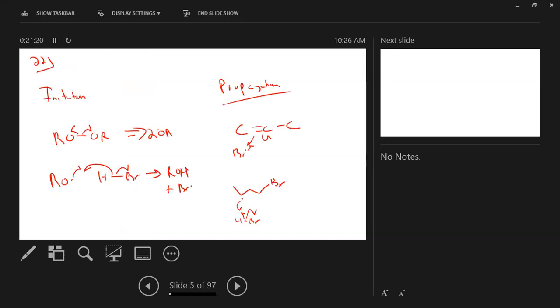And let's just remember here, the next question, 23, is going to go on this concept. So it's going to be a peroxide. We're going to generate bromine radicals. So I want you to know where the bromine radicals are coming from. If we have some peroxide, it generates OR radicals, and they can react with HBr or BrBr, and they can form bromine radicals. So I wanted to show you where these bromine radicals are coming from. In this case, we're using HBr.